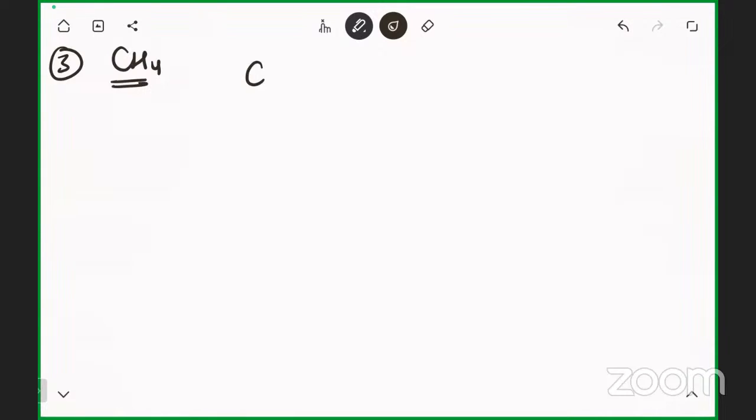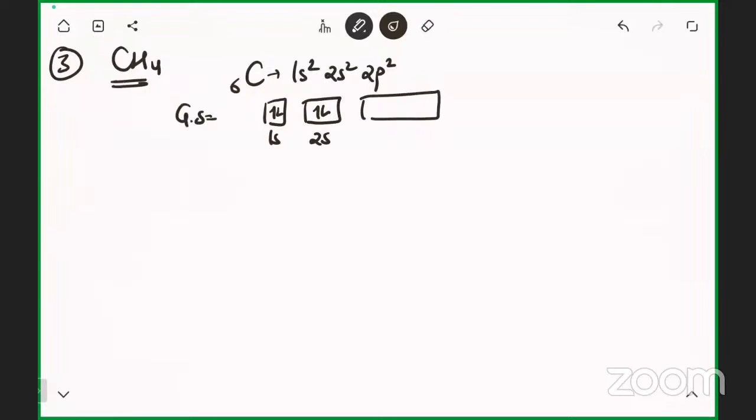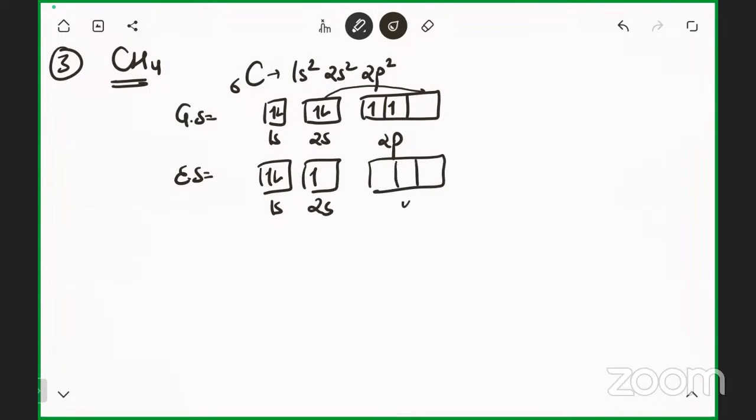Configuration 1s2 2s2, 2p2. So in the ground state, 1s, then 2s, then 2p. In the excited state, one of the electrons will jump from 2s to 2p. So this is 1s, this is 2s, this is 2p.